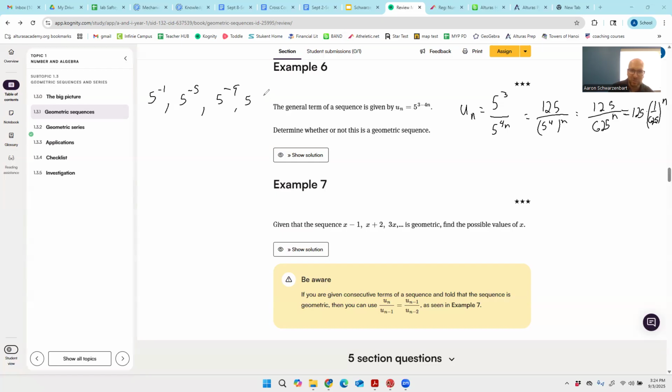If I plug in 4, you get 3 minus 16, 5 to the -13. Each one of these is being multiplied by 5 to the negative fourth, which is 1 over 625. So yes, this is a geometric sequence, a slightly tricky one.